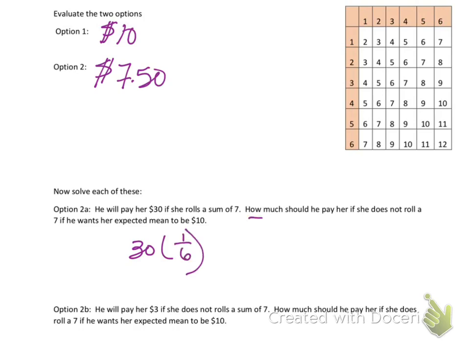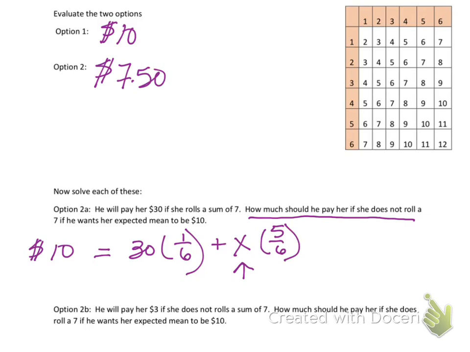Now he wants to know how much he should pay her if she does not roll a 7. It's some number, we'll call it x. That's going to happen 5/6 of the time. And he wants her expected mean payment to be $10. So you see how now you're going to solve for this payment? Let's go ahead and do that.